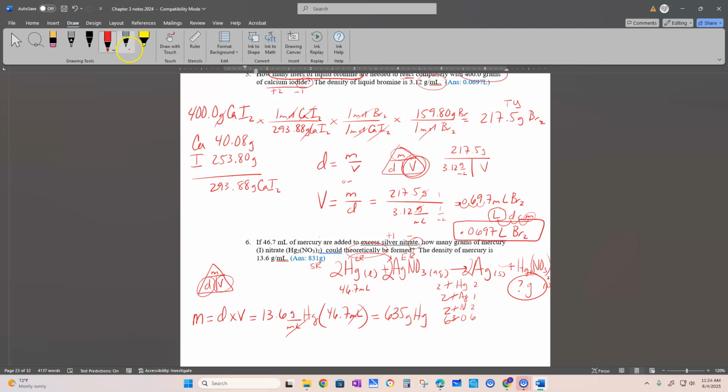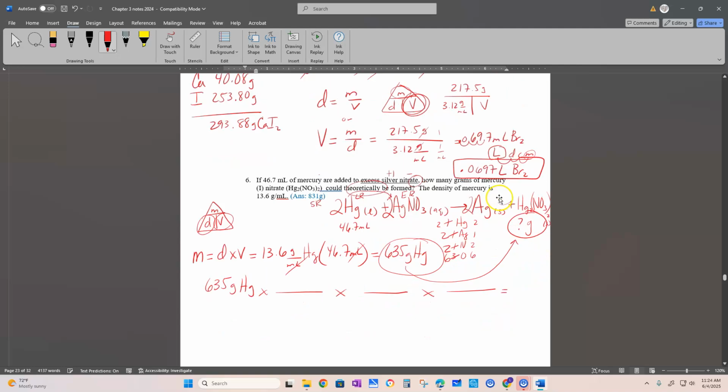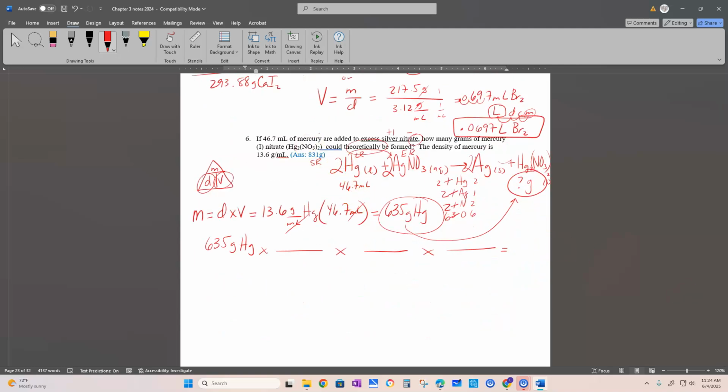Now let's see where you think we're going. I got grams of mercury, and I want to go to grams of this product. Grams to grams, well, that's 3 steps. So 635 grams of mercury. And I'm going to set you up with your 3 steps, but you're going to finish it off. And if we do this right, like I said, we should get that answer in blue. So we're going to go grams of mercury, and there's 1 mole in mercury. We're going to look at our balanced equation here.